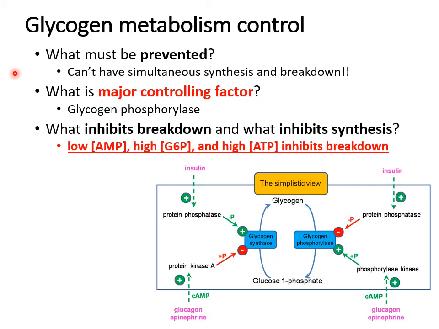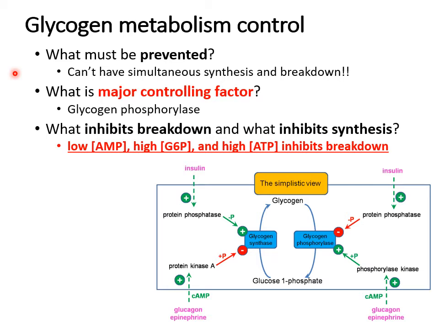When it comes to preventing simultaneous glycogen synthesis and breakdown, the big controlling factor is the control of the enzyme glycogen phosphorylase. Glycogen phosphorylase is the enzyme responsible for glycogen breakdown.